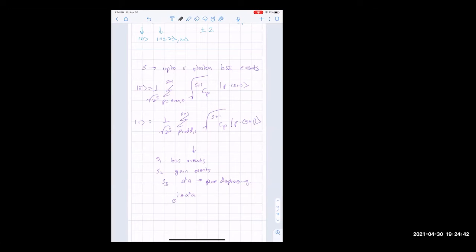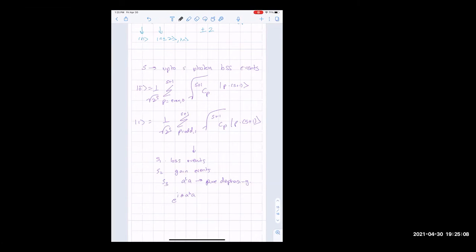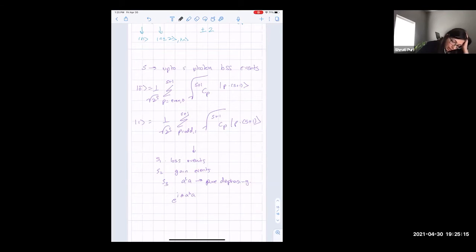Okay. I think your last remark sort of answers the next question. Does the idea of a single photon loss correspond to having a single qubit error in a conventional QEC system? It's hard to say. Yeah, I think there is a way you can think about it like that.